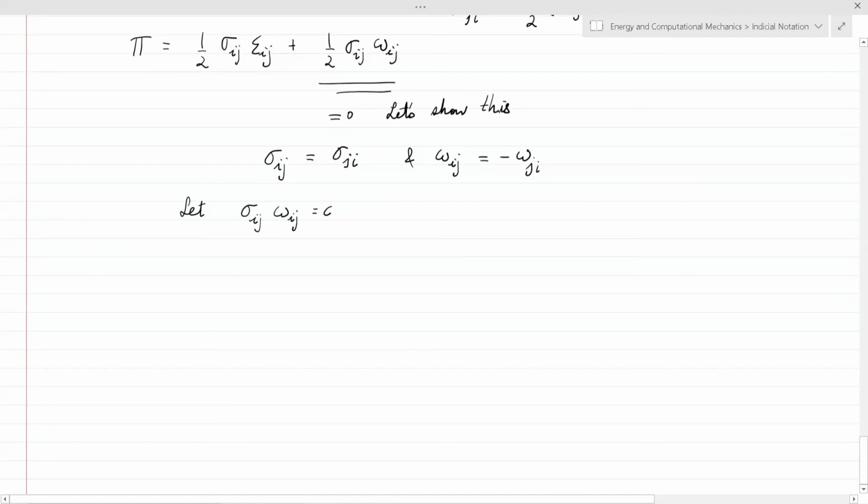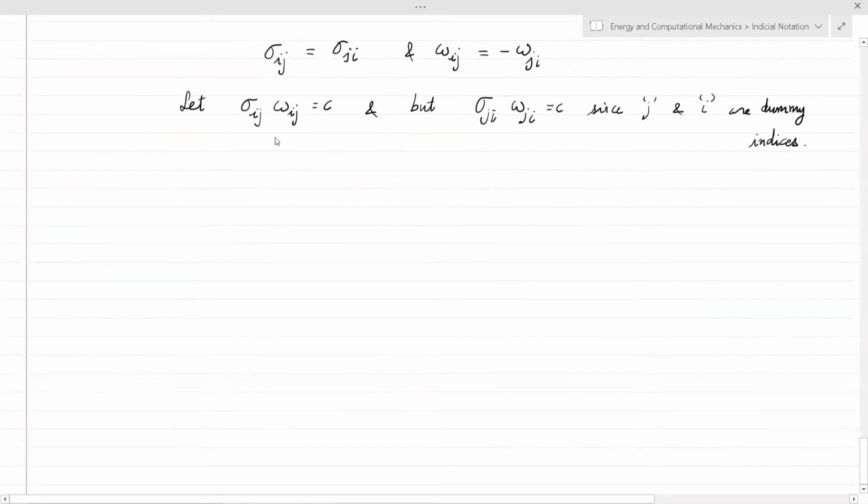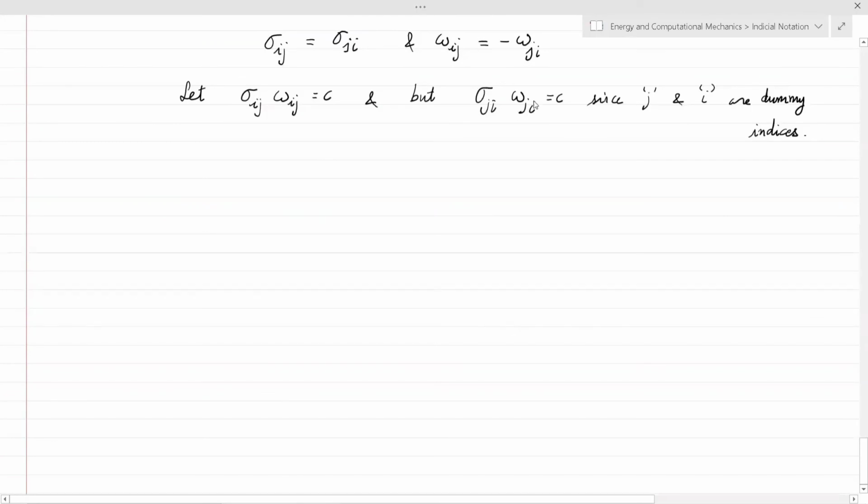If I'm going too fast, pause the video and check it out. So let sigma_ij omega_ij be equal to c, just for fun, and see what happens. I know that sigma_ij is sigma_ji, so I can just substitute that. So if I switch it out, I have sigma_ji times omega_ji equals c. Since i and j are dummy indices, I can just switch them just for fun if I wanted to.